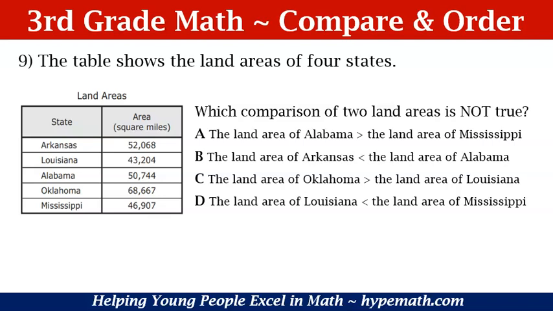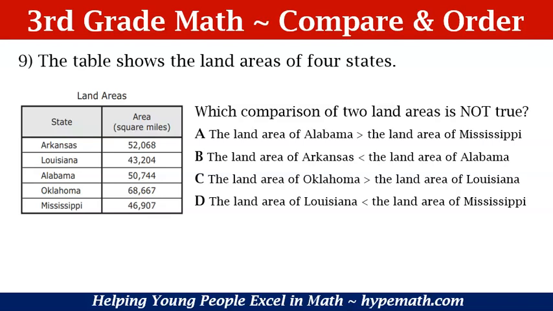Question number 9 says, the table shows the land areas of 4 states. Which comparison of the two land areas is not, in all caps, not true? A, the land area of Alabama is greater than the land area of Mississippi.